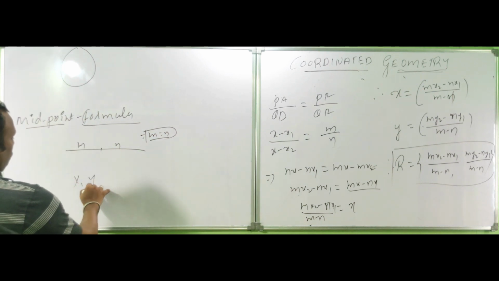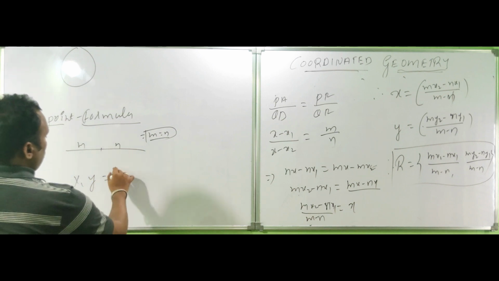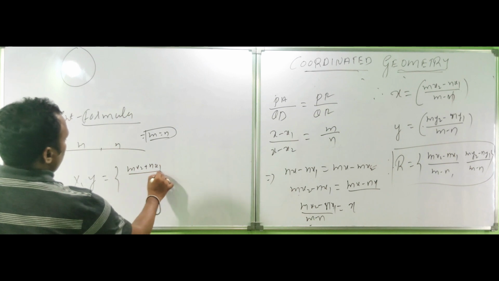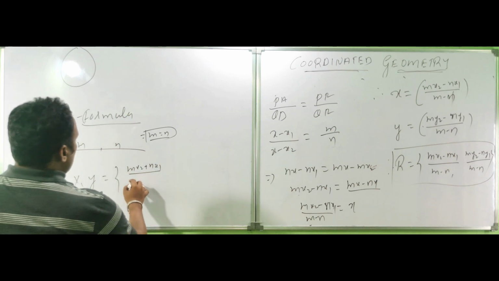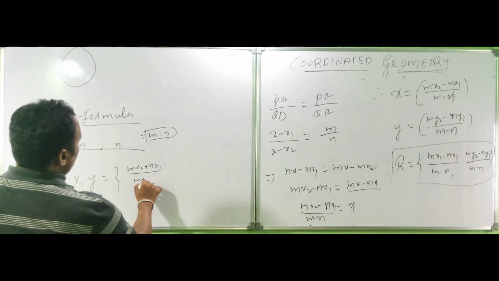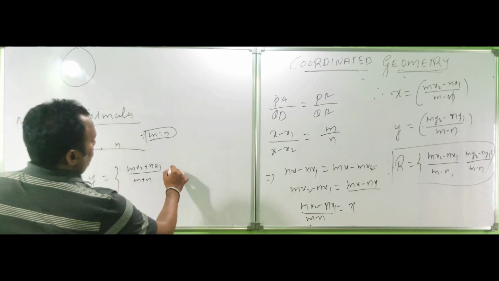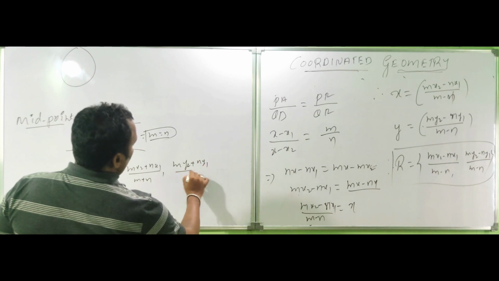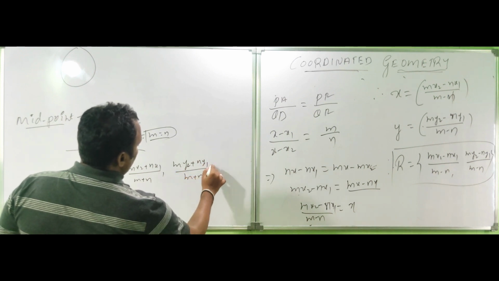In this equation the formula becomes (m x2 plus n x1) divided by (m plus n), and (m y2 plus n y1) divided by (m plus n).